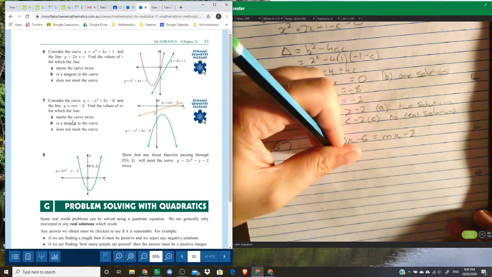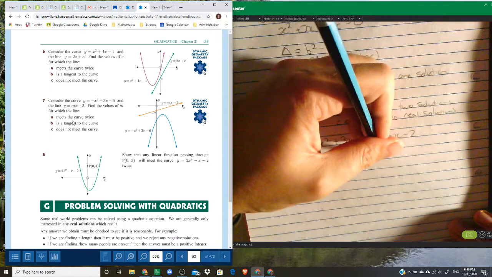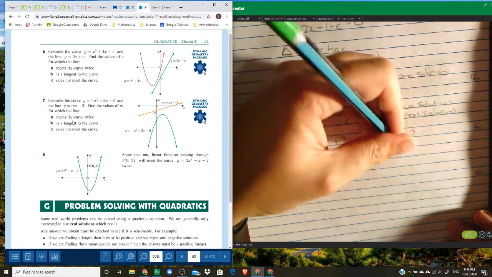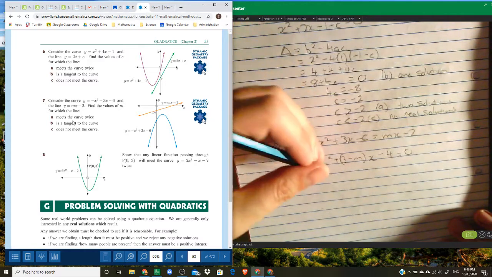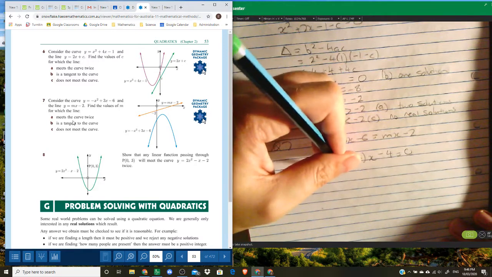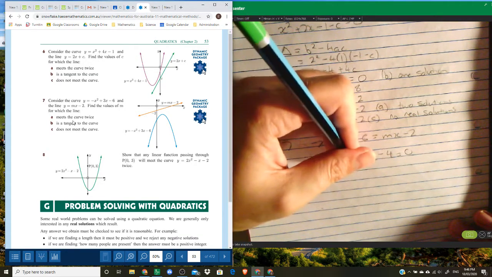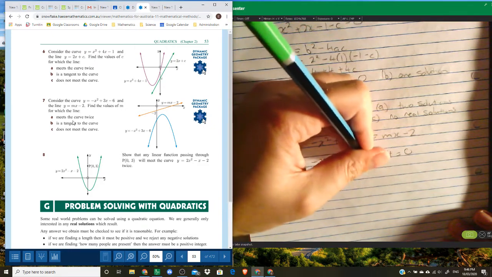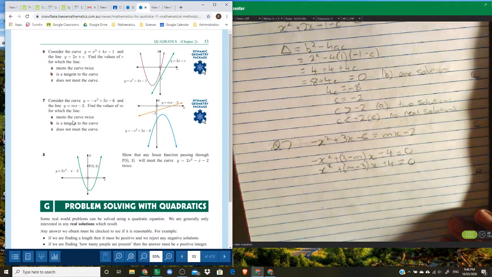Plus 3 minus m lots of x, take 4 equals 0. It would just be easy if you times everything by minus 1. Just be careful. If I times this by minus 1, it would be m take 3 instead of 3 take m. 4 equals 0. So now there's less negatives to deal with.